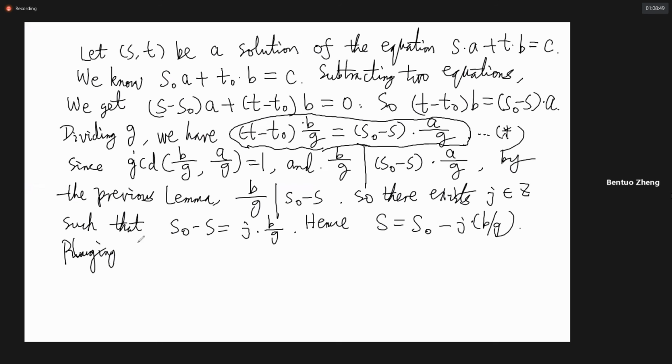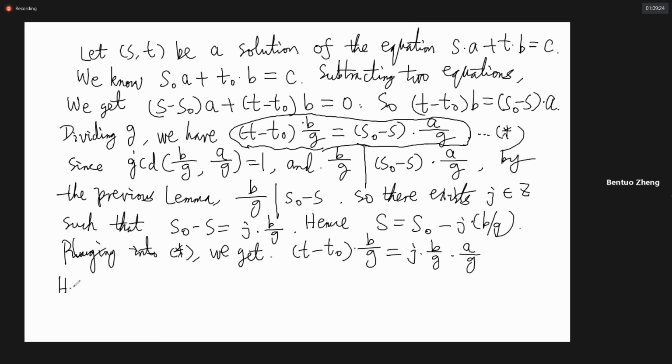Plugging into star, you get T minus T0 times B over G is equal to S0 minus S, which is J times B over G, times A over G. Now the B over G can be canceled, and T minus T0 is equal to J times A over G. Therefore, T is equal to T0 plus J times A over G.